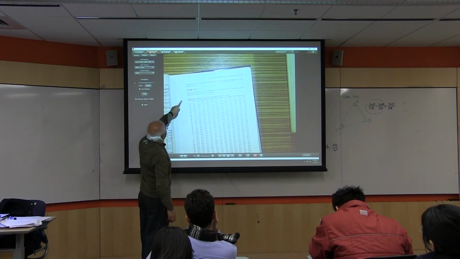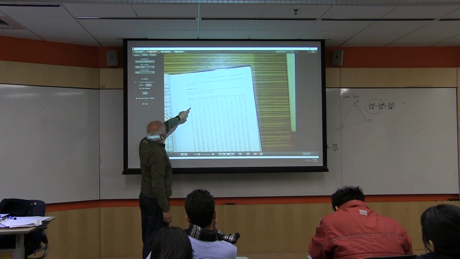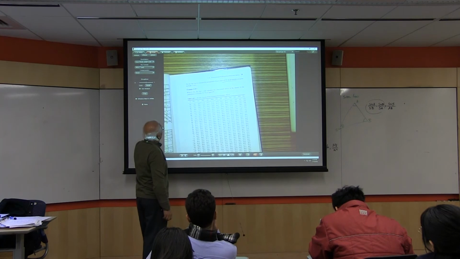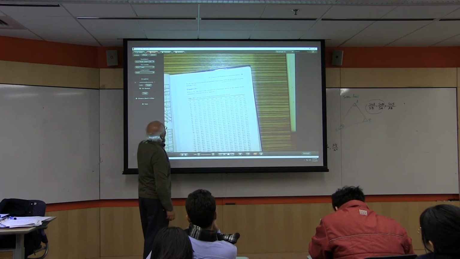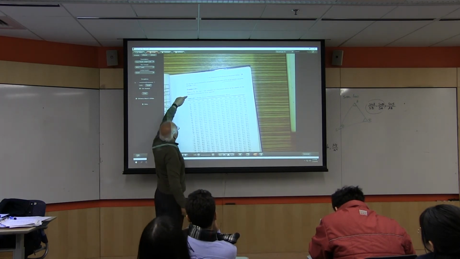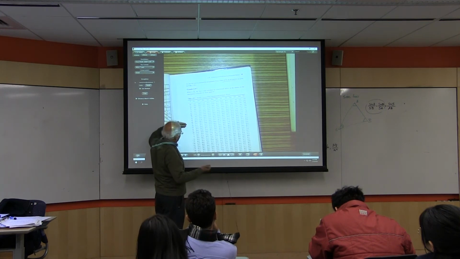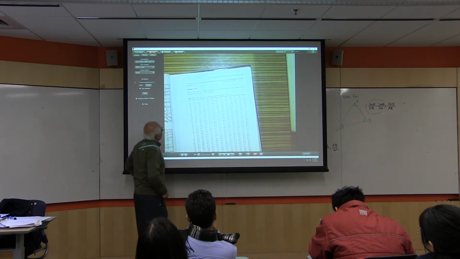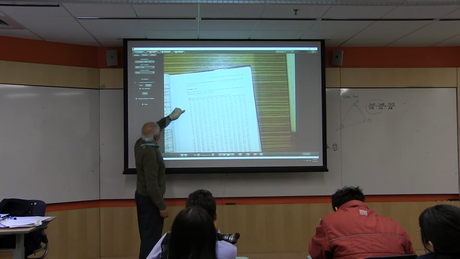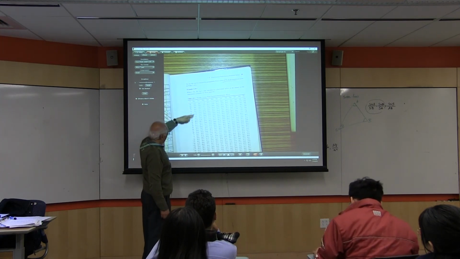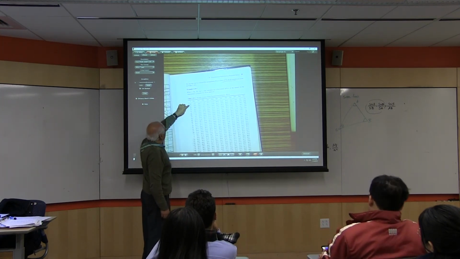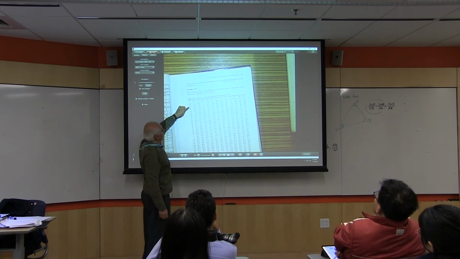The formula that we derived the other day, the integration formula for H naught, started with 90 and went all the way to minus 90 with increments of 5 degrees.